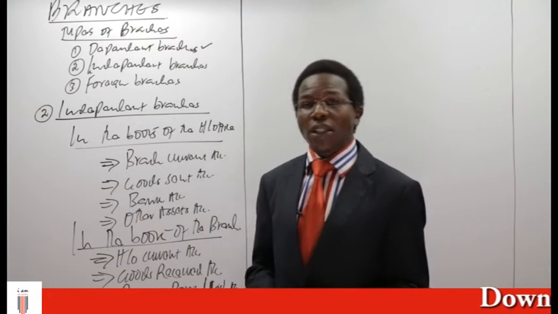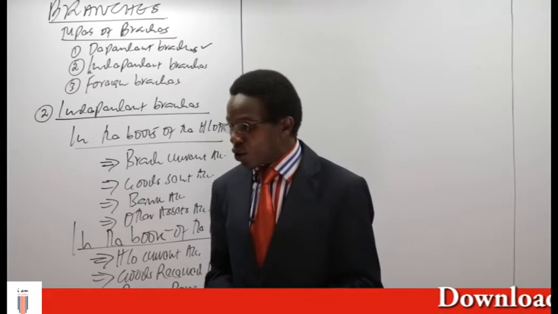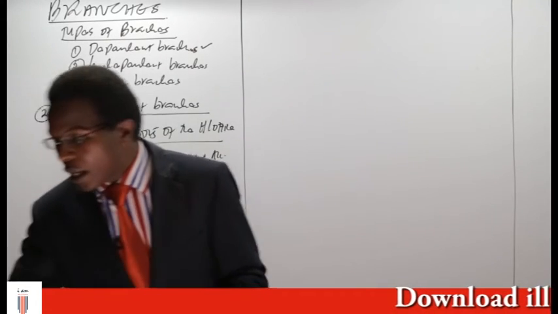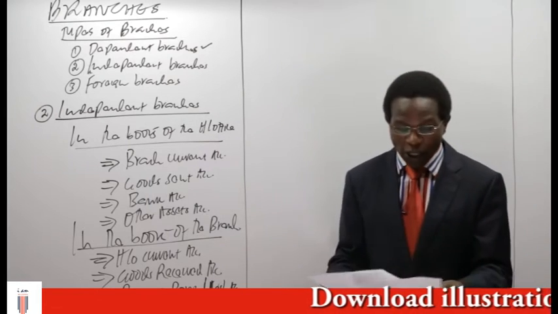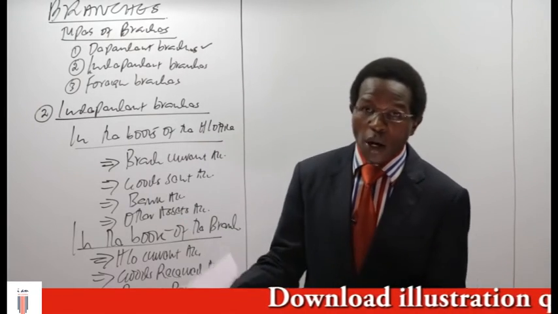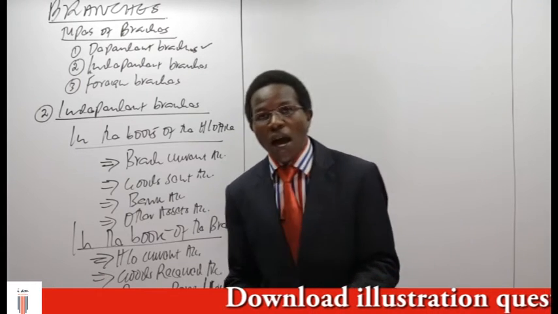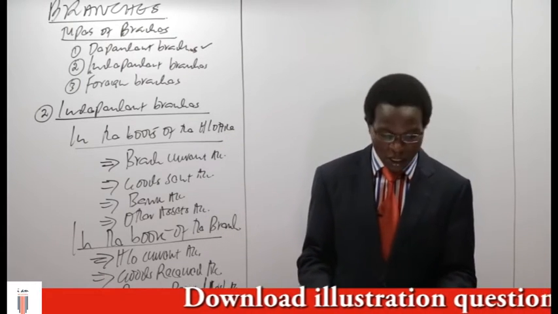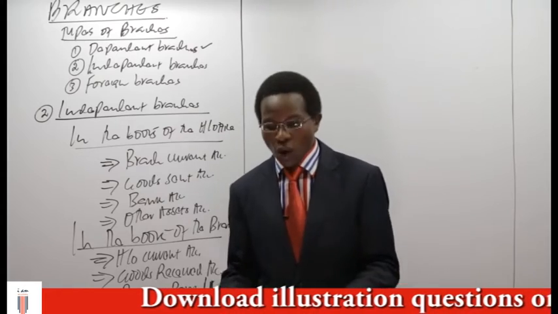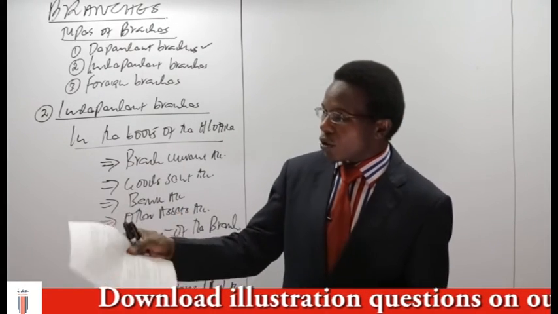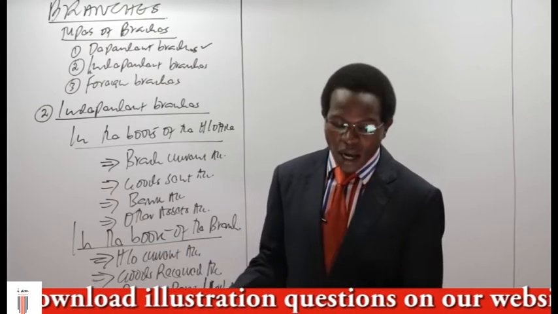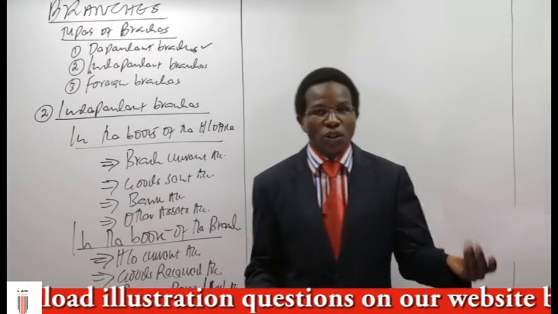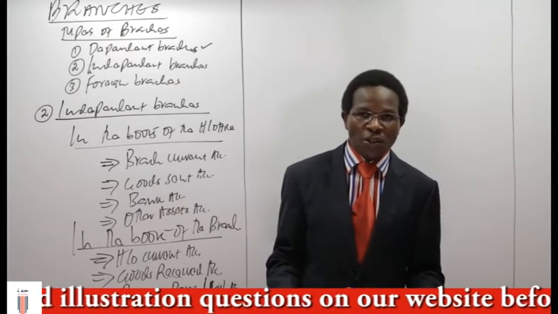Now, that takes us to an illustration question. There is an illustration question that was examined. There are two illustration questions, of which one we are going to do here, and one will be an assignment. One is a question that was done around the year 2000, and the other one was done around 2001.